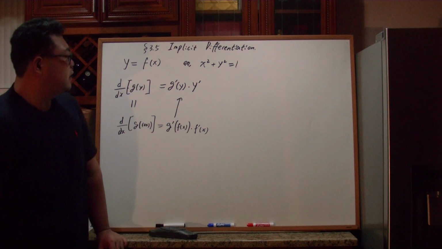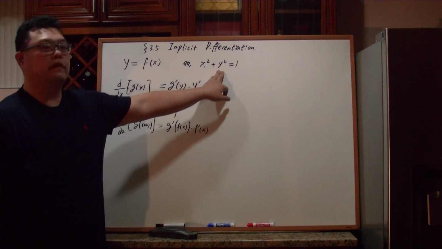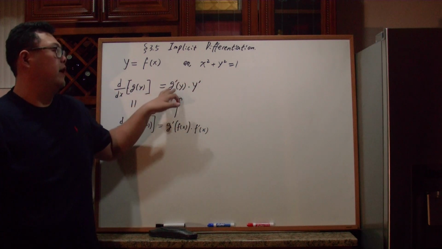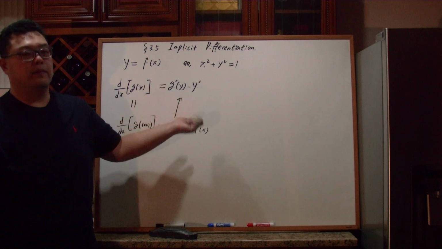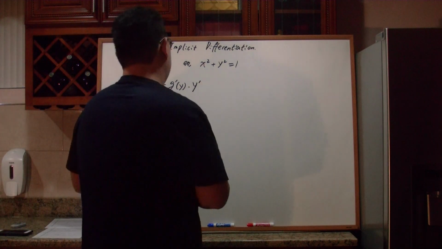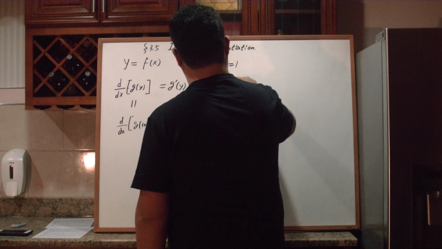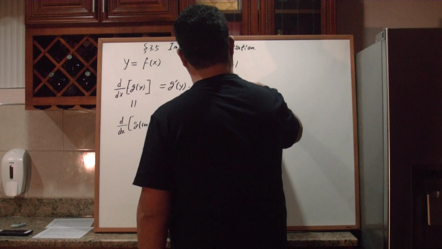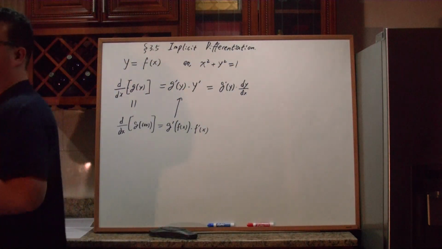We take the derivative of the expression of y in the same way as we take it for x, but just attach the y prime afterwards, where y prime stands for dy over dx.